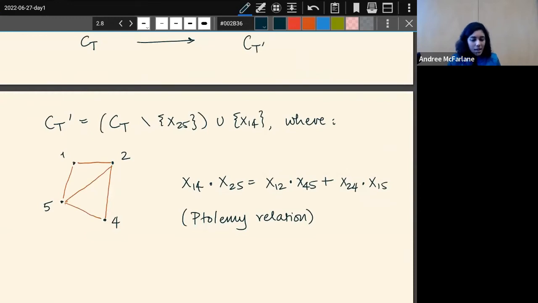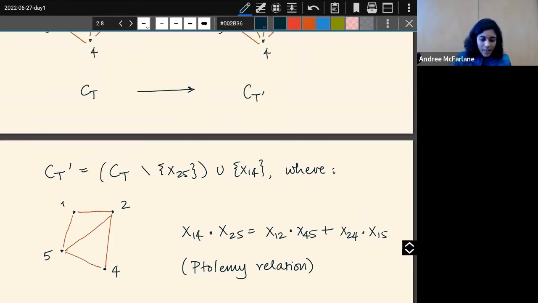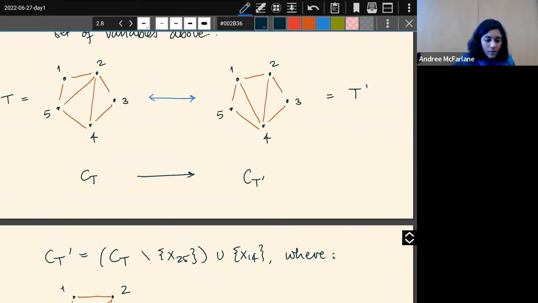So I can now start playing a game, which is that I start off with a triangulation of my choice. I pick an edge of my choice, I flip it, and I create a new set of edges, and therefore a new set of variables. And I can, of course, keep going.